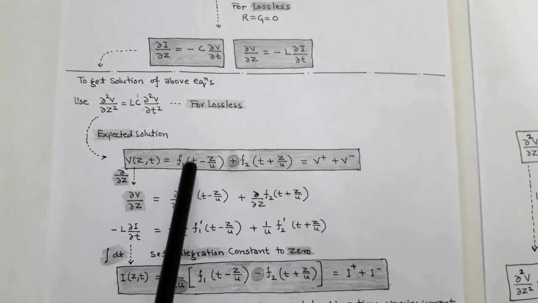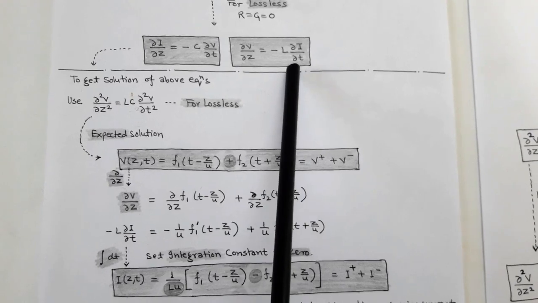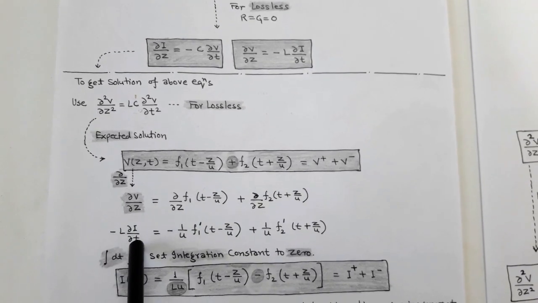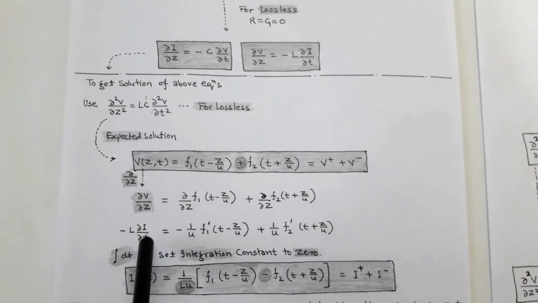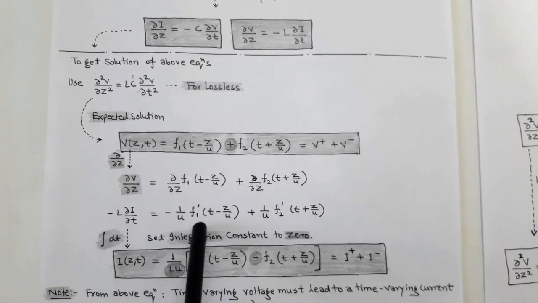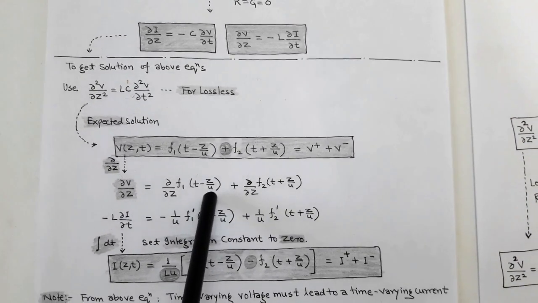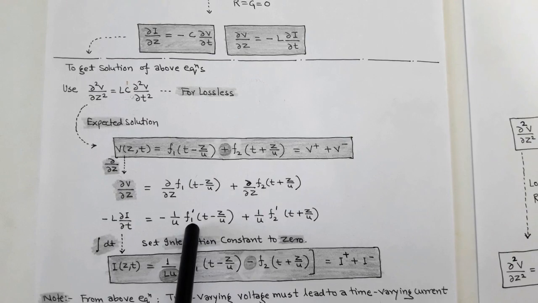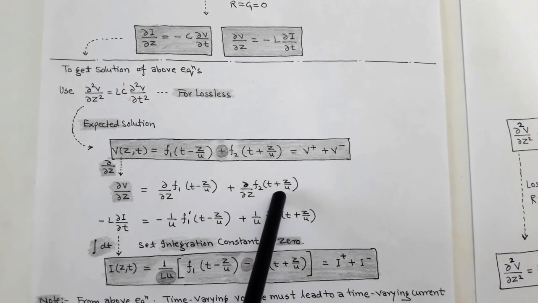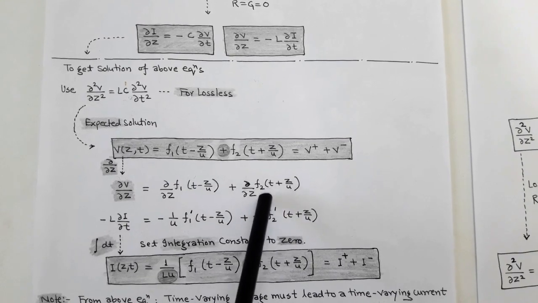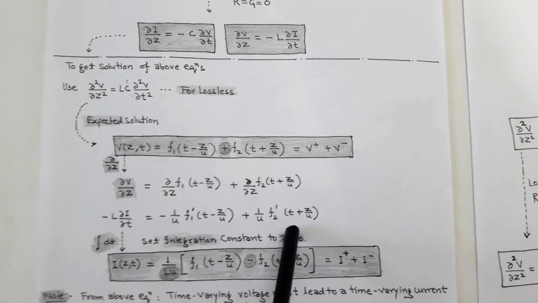Now put del V upon del Z equals minus L del I upon del T. So the left side becomes minus L del I upon del T. And the first term, after partial differentiation with respect to Z, gives minus 1 upon u f1 dash (t minus z upon u), and the second term gives 1 upon u f2 dash (t plus z upon u).